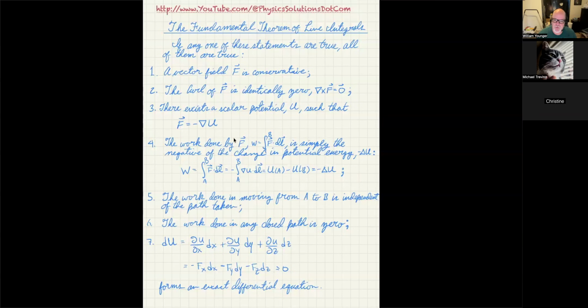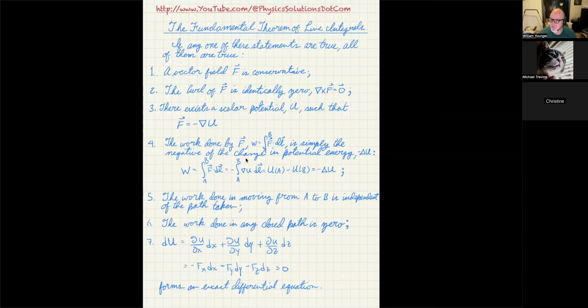Number 4 says the work done by F, work equals the integral from A to B of F dot dl, is simply the negative of the change in potential energy, negative delta U. So W is equal to the integral from A to B of F dot dl, and of course F is the negative gradient of U, so you're going to get negative integral from A to B of the gradient of U dotted with dl.